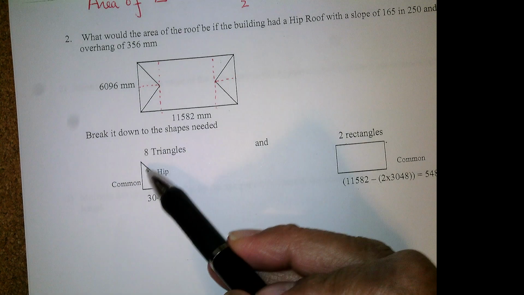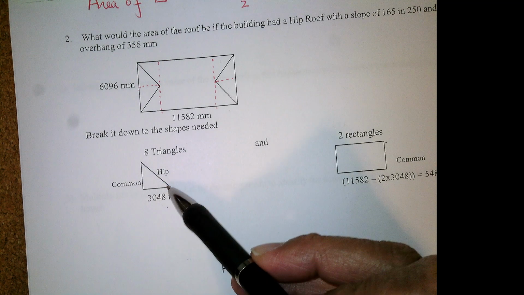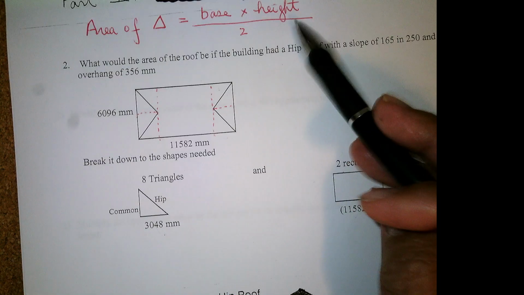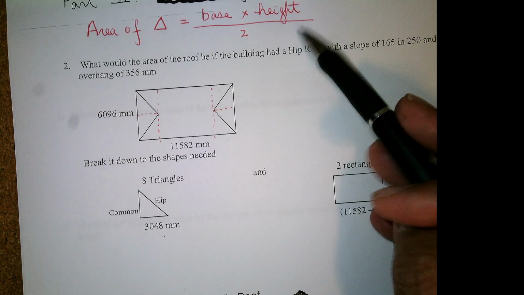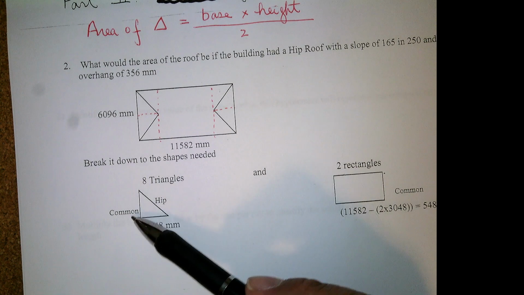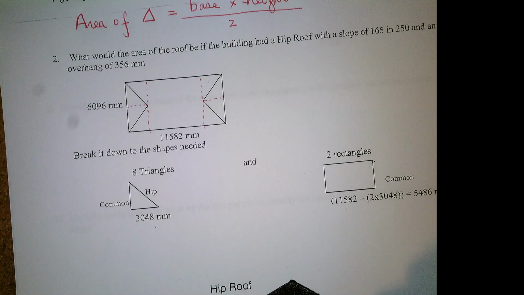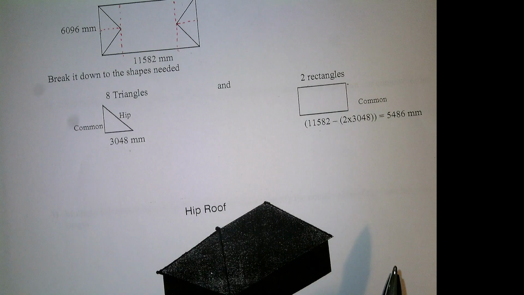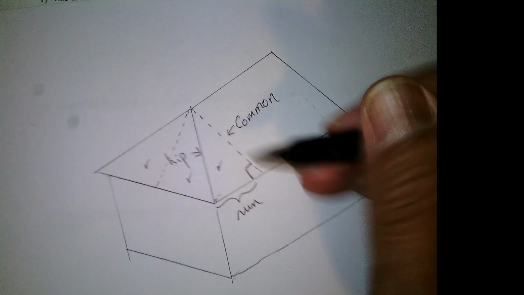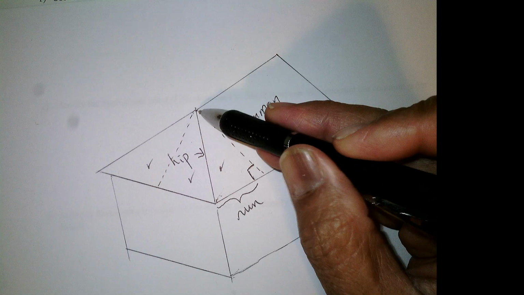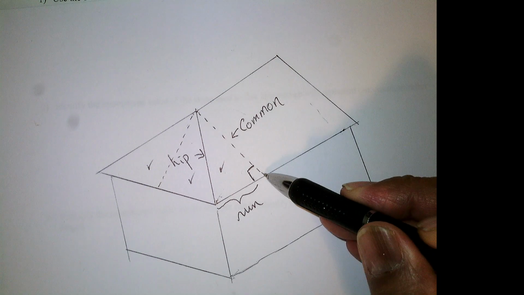Now the concern is how we find the area of this triangle using this formula. The height in this case is the common rafter. The meaning of common this time does include the overhang.